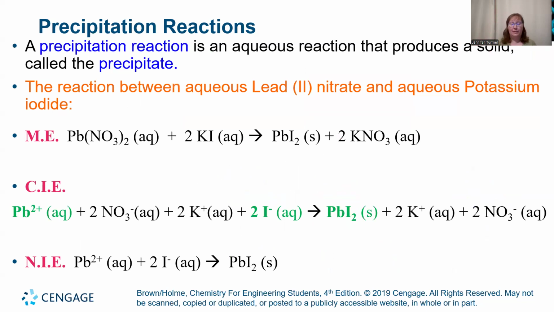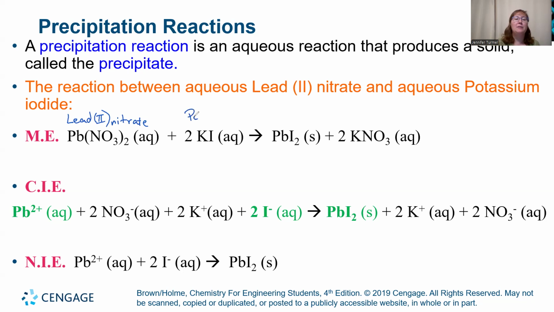Let's take a look at what that reaction is. This is the reaction from the previous slide. Here we have our lead II nitrate, and because of the nitrate, it's aqueous.